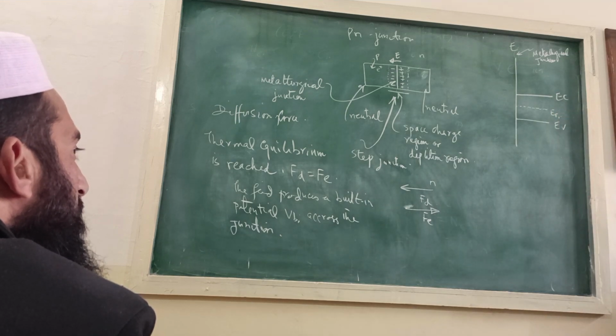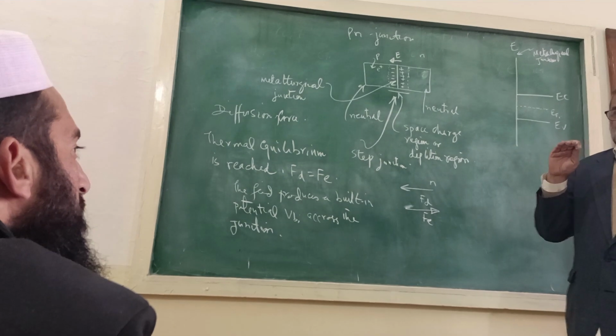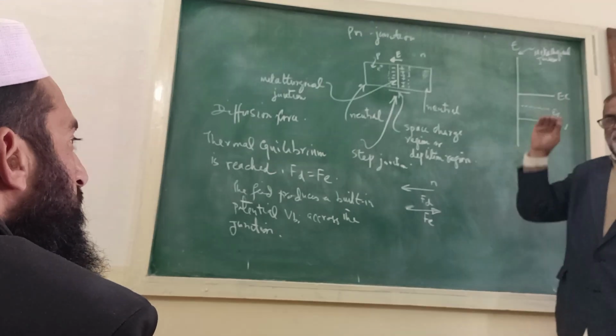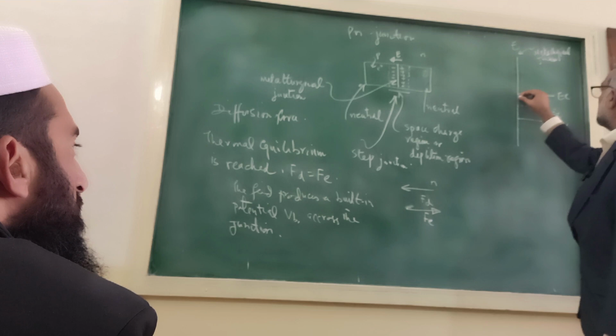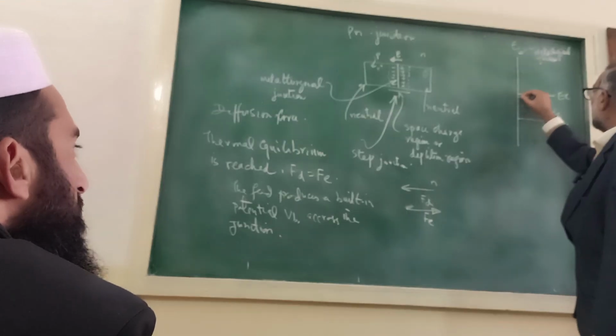Since this has been doped as N type, from our previous knowledge we know that the Fermi level moves with doping. So it will be close to the conduction band.